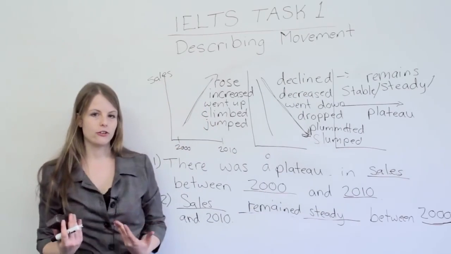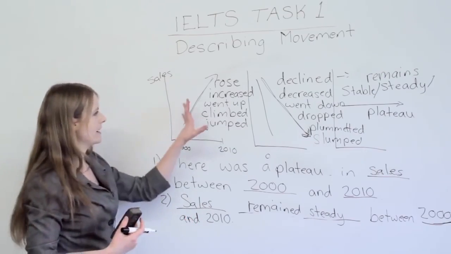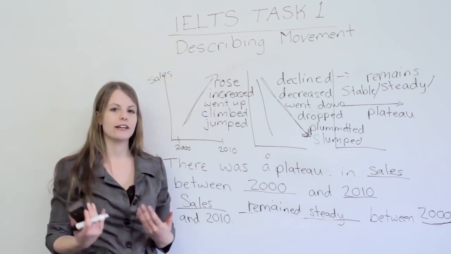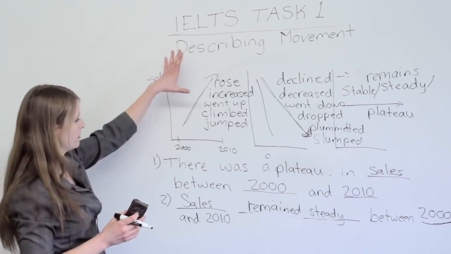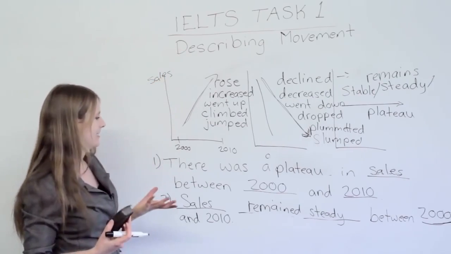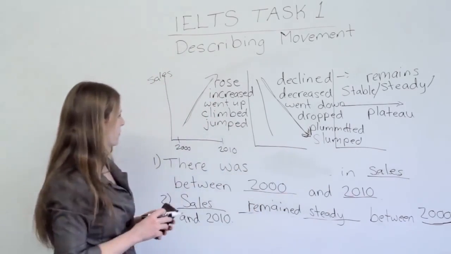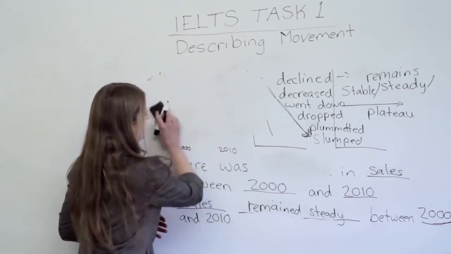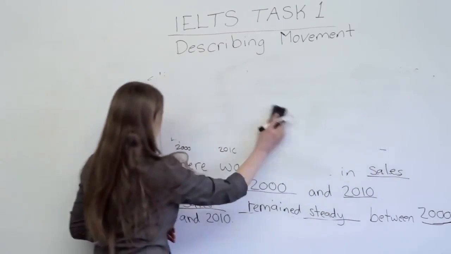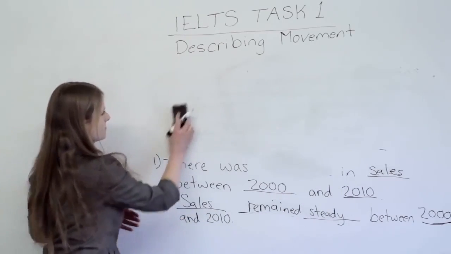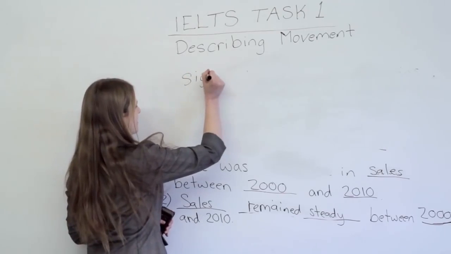Now, another thing we can do is add adverbs and adjectives to our nouns and our verbs in order to explain the degree of change. So we've just described movement. Well, what else can we add here? We can add words like significant.